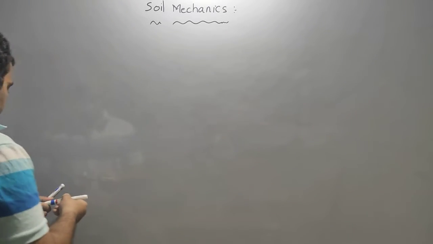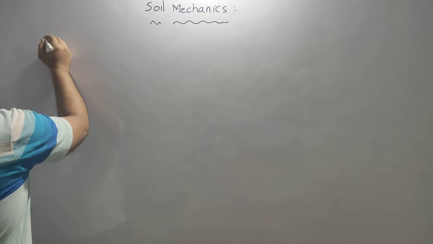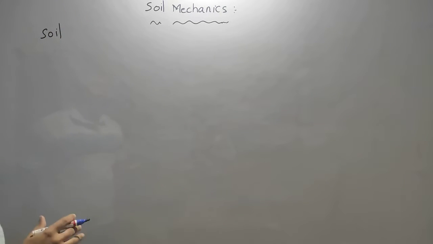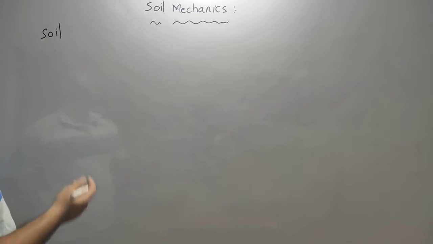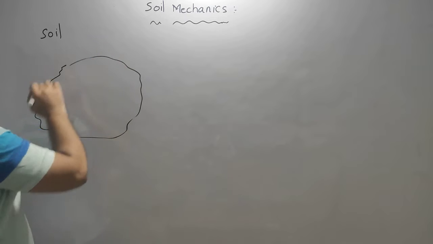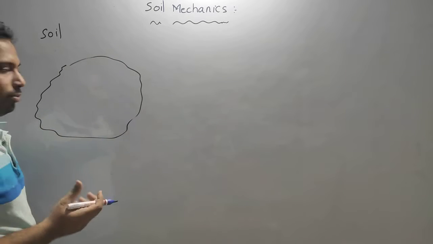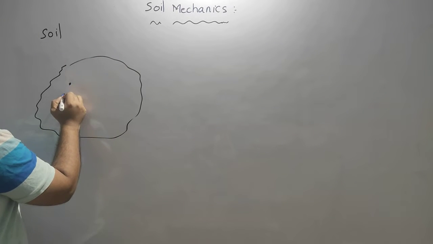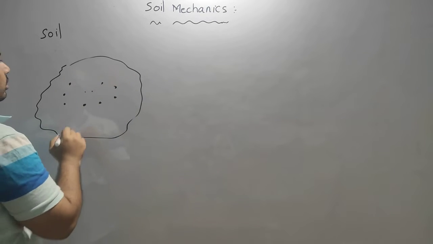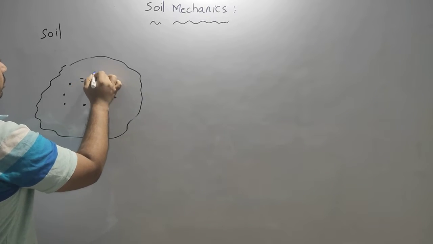See, soil. If you see soil material outside, how does it look? If you take some part of soil, some sample of soil, in that soil there will be solid particles, and there will be water.